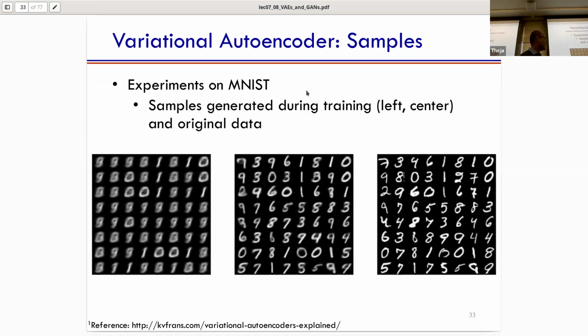All you're seeing are samples generated from the original data. This is the original data, and these are samples being generated. As you train more and more, we stop at any given point and ask: if I give a random Gaussian realization as input to the decoder, what MNIST image is generated? Initially you're getting bad images, but you're getting newly generated images.